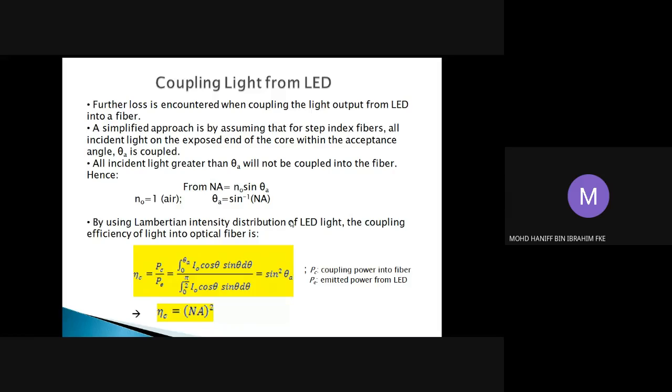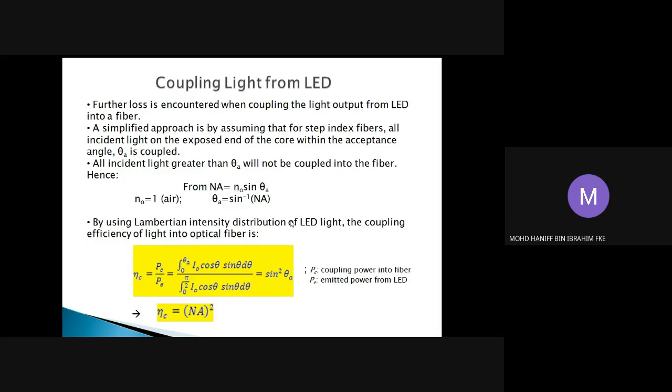There should be more loss accounted when we want to couple the light from the LED to the fiber, because we have the LED and the fiber put close together in order for the light from the LED to be coupled to the fiber optics.